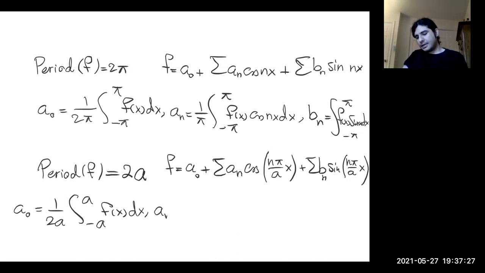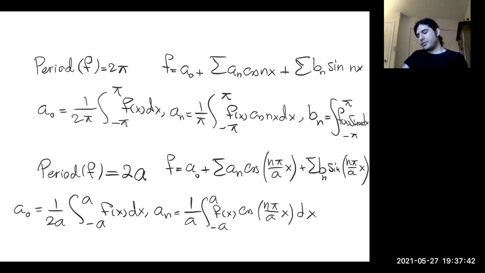And then an is, rather than 1 over pi, 1 over a integral from minus a to a f(x), rather than cosine of nx, it would be cosine of n pi over a x dx. So for example, if a was pi, as you can see, the pi in numerator and denominator would cancel each other and we would get the previous thing, right?